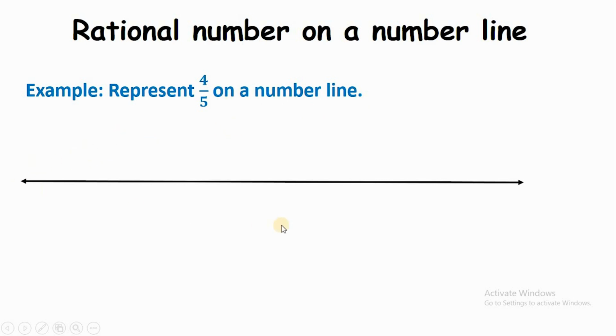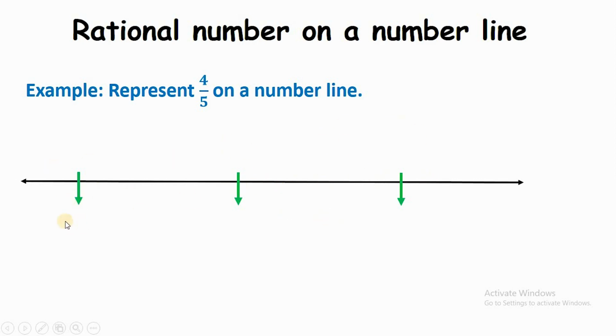So first we'll draw a number line, and on the number line each point represents a certain number. To show 4 by 5, we have drawn a number line and will mark a few points, and these points are equally spaced. That means the space between the first and the second, and the space between the second and the third are equal.